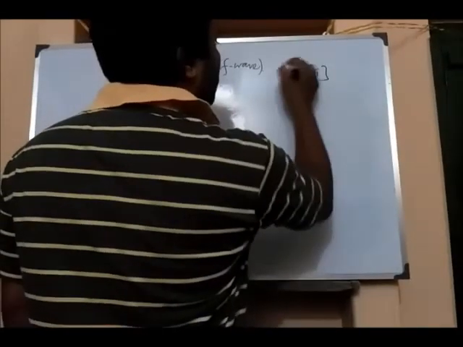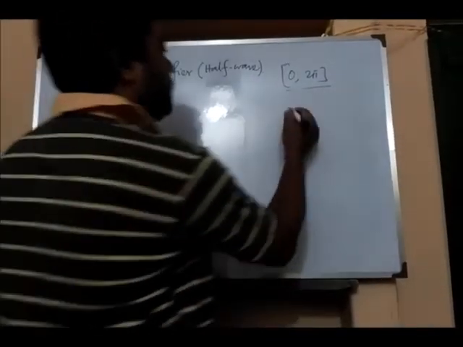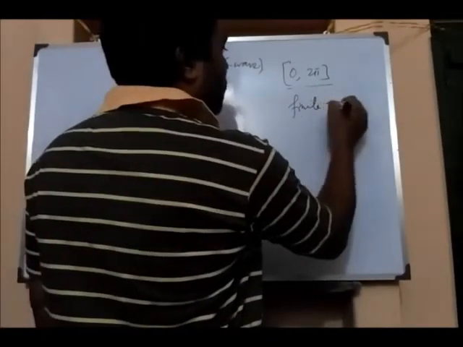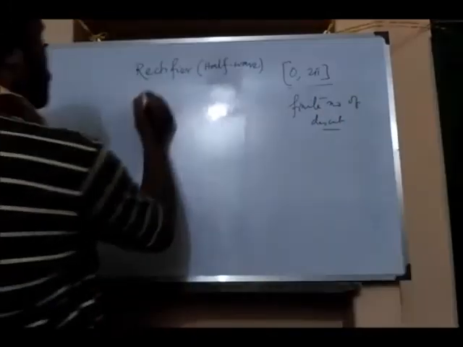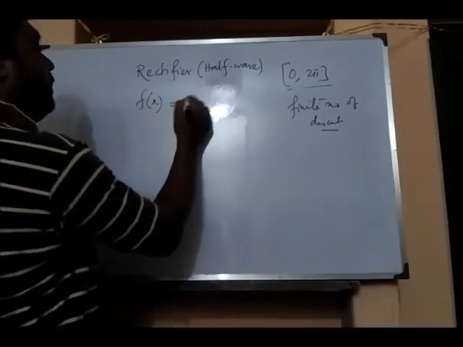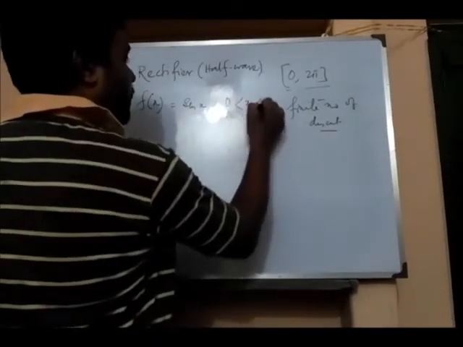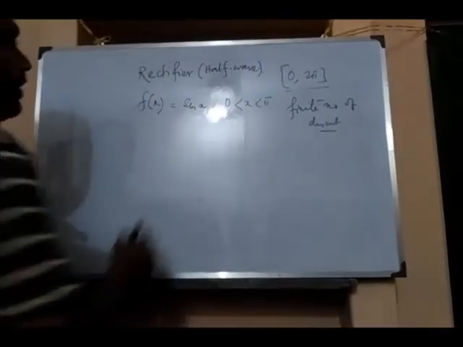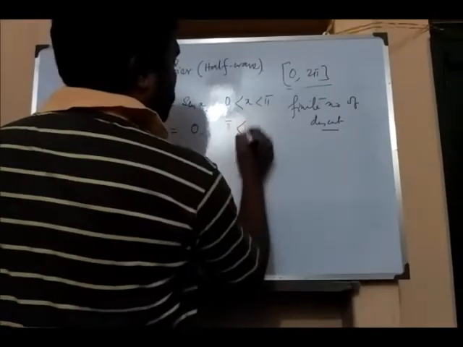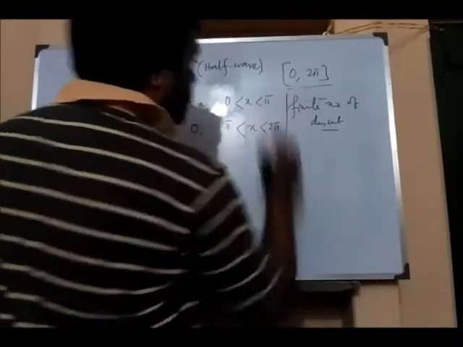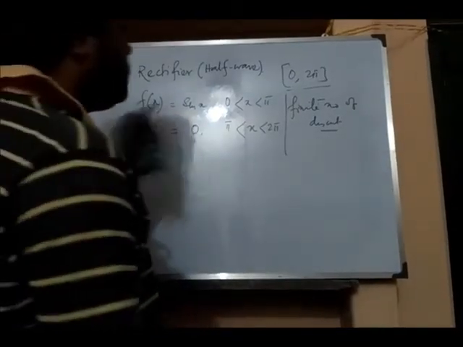So f(x) will be sin x between 0 to pi, and f(x) becomes 0 between pi and twice pi. Right? So this is sin x and this is 0.